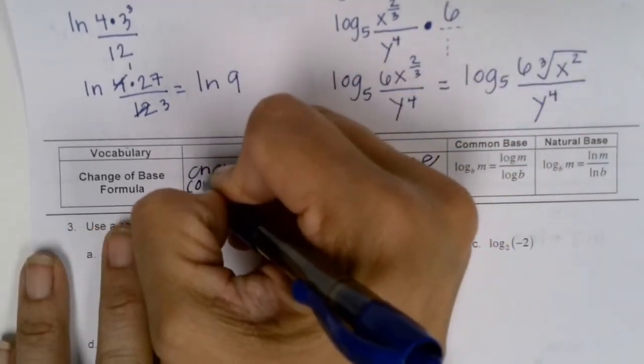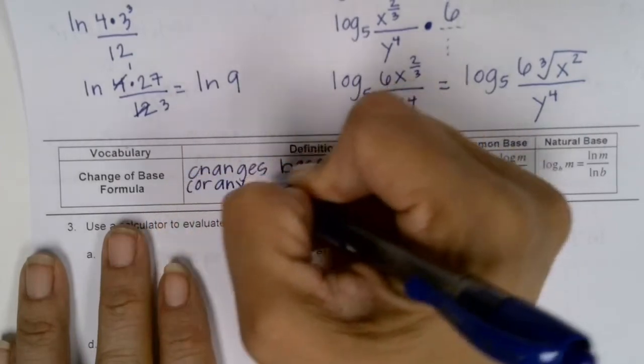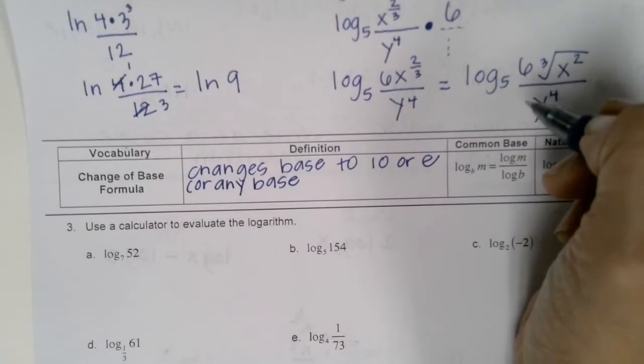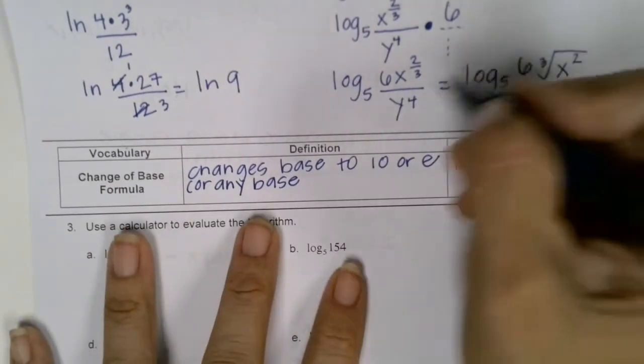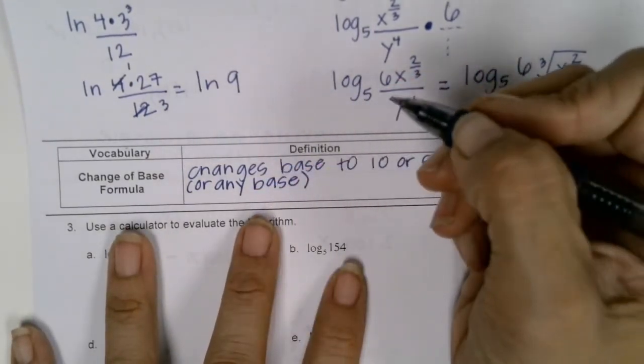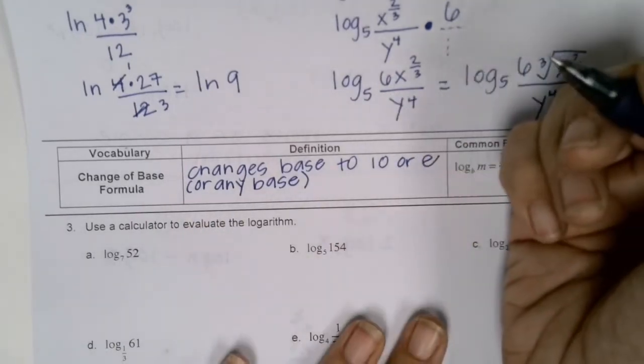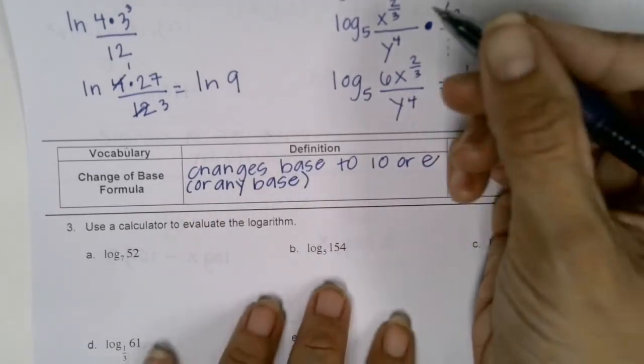Really, in the world of math, it can be any base, but we're going to focus on base 10 and base e. And the reason why we're focusing on base 10 or base e is because then we can use the calculator, because the calculator operates out of base 10 or base e.